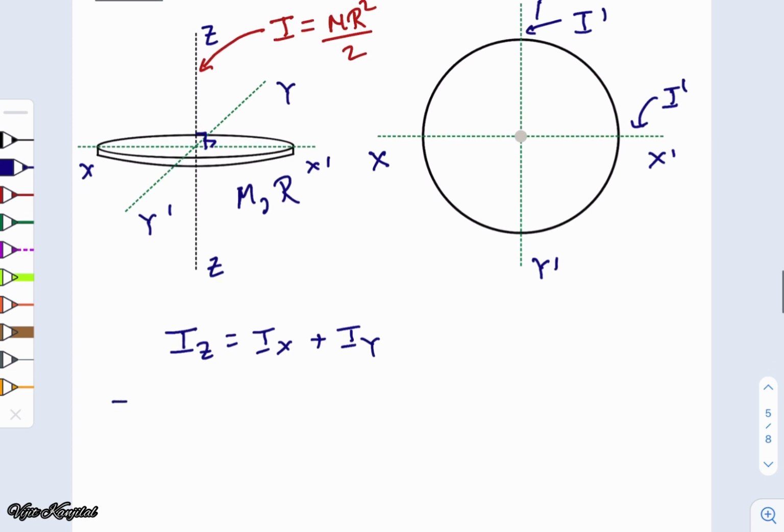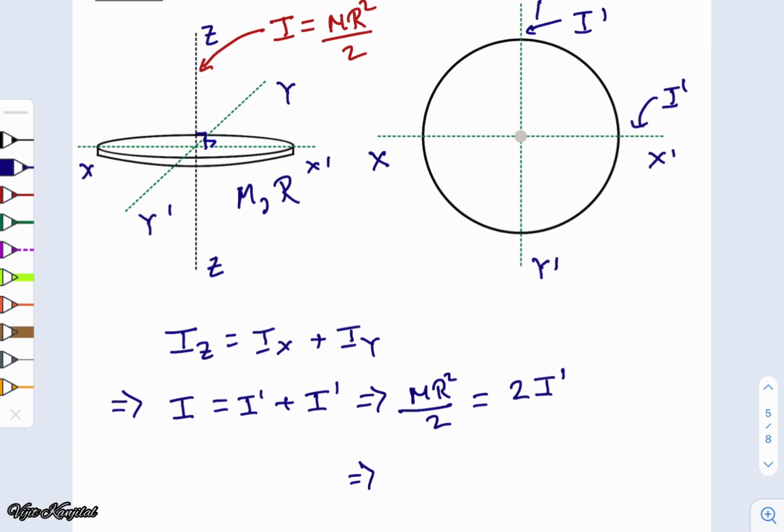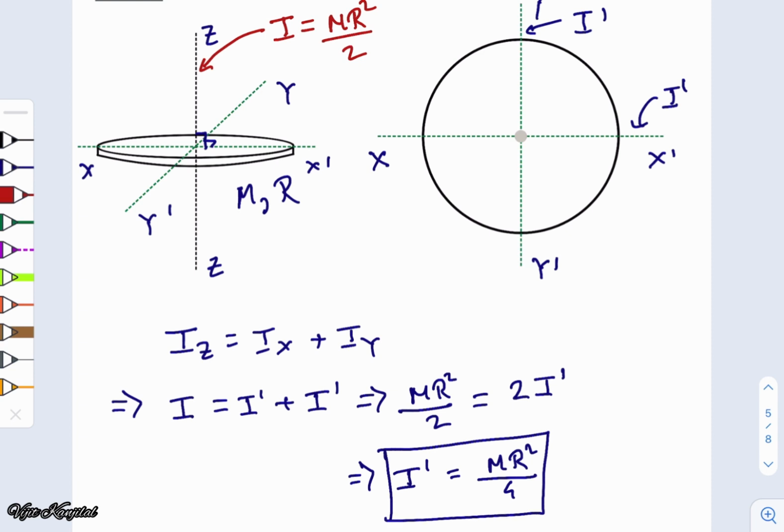So what is Iz? Iz is I, and Ix is I prime, and Iy is also I prime. So I, which is mr square by 2, is equal to twice I prime. So what is I prime? I prime is simply mr square by 4. So the moment of inertia of this disk with respect to this axis or this axis is simply mr square by 4.